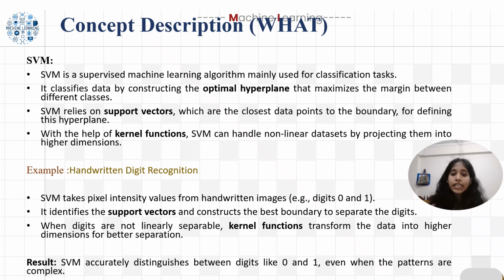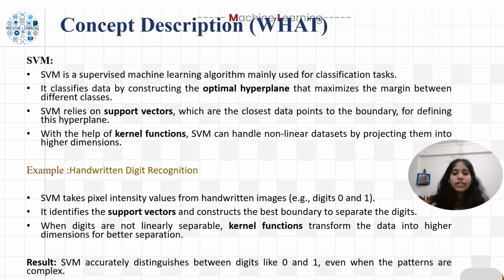When the digits are not linearly separable, a kernel function is used to transform the data into high dimensions for better separation. Linearly separable data means data that can be separated by a single straight line. Data which cannot be separated like this is known as nonlinear data. So SVM can be used for classification of nonlinear data, using a kernel function for that.